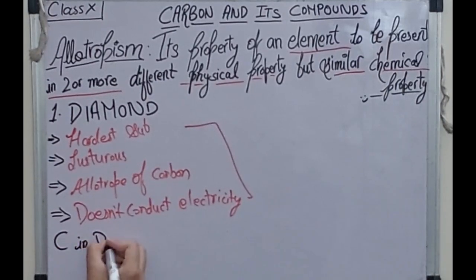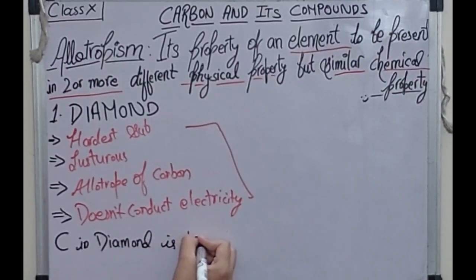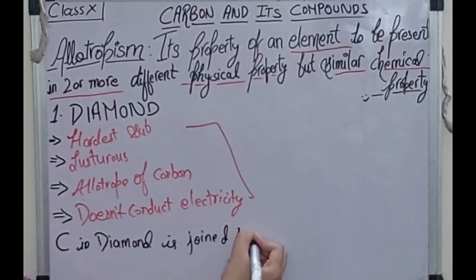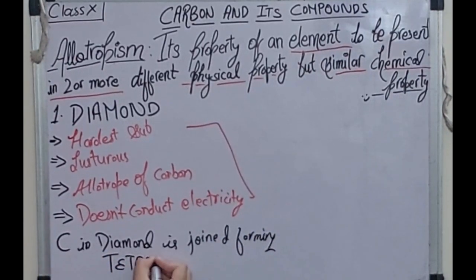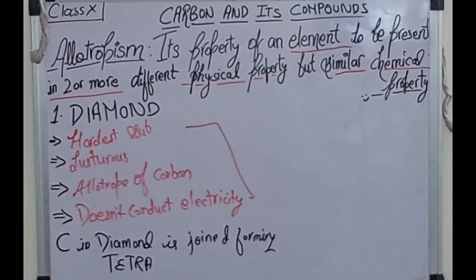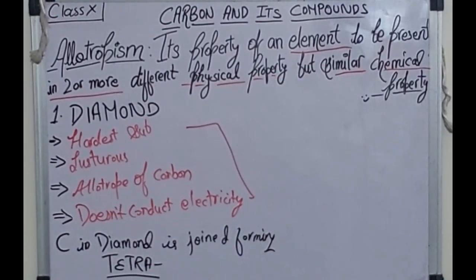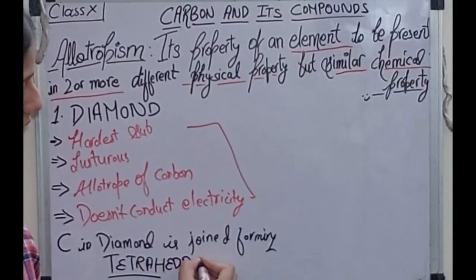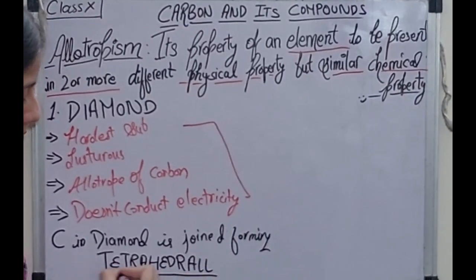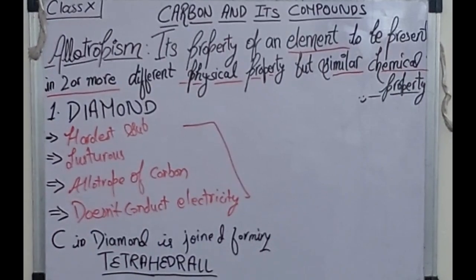Carbon in diamond is joined forming tetrahedral. Tetrahedral. Now you will see what tetrahedral is.